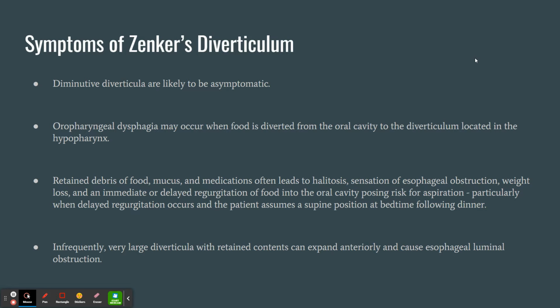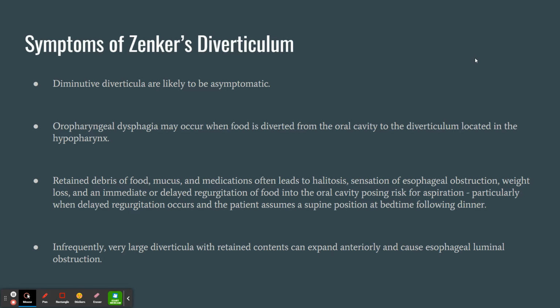Largely, the symptoms of Zenker's diverticulum are dependent upon the size, as diminutive diverticula are likely to be asymptomatic and only found incidentally. Oropharyngeal dysphagia may occur when food is diverted from the oral cavity to the diverticulum located in the hypopharynx.